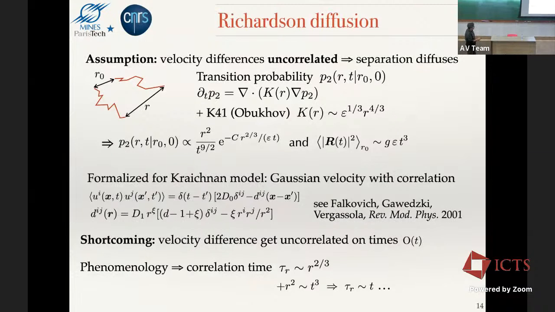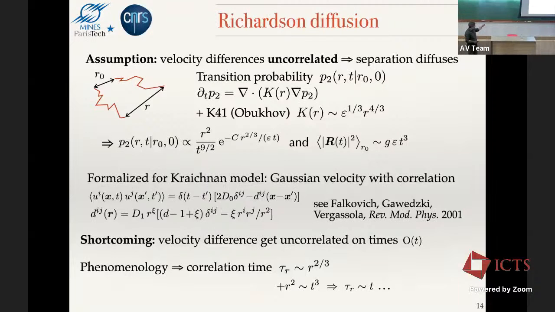You want to write it as a diffusion equation this way, but then you don't know what to put as a diffusion coefficient. So Richardson measured the separation of balloons in order to estimate this diffusion coefficient. And basically what he got is something proportional to R to the 4/3. But he didn't make the link between this 4/3 power he was measuring and anything happening in the flow.